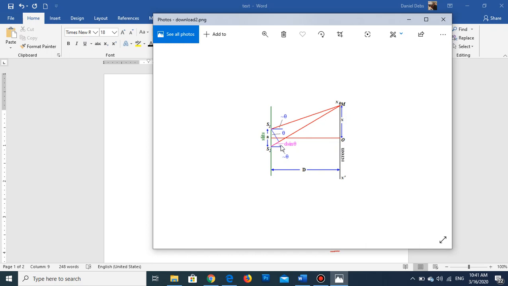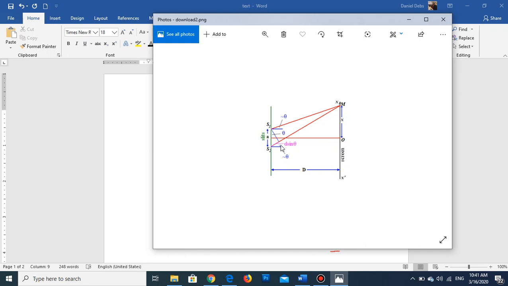Finally, what is an interfringe? The interfringe, by definition, is the distance between two consecutive fringes of the same nature. So, let M and N be two consecutive bright fringes of orders k and k plus 1. Let me put this N and this is M. So N is of order k and M is of order k plus 1.